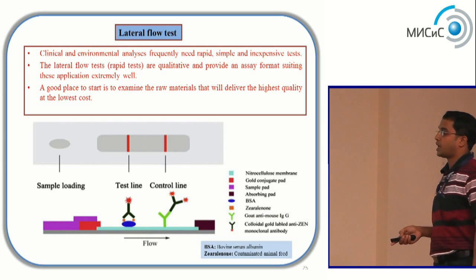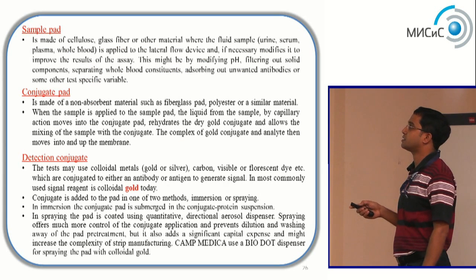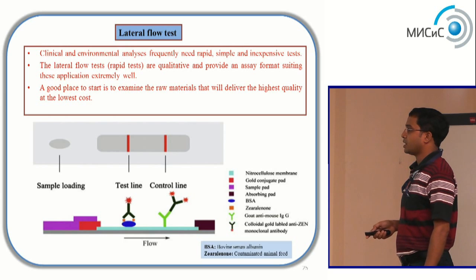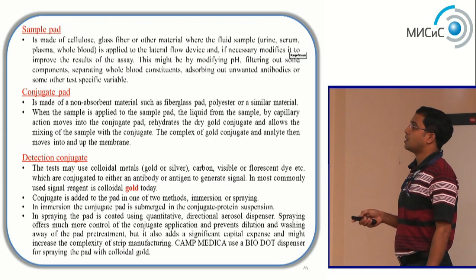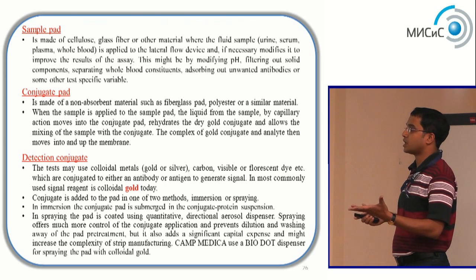I think so. And it contains some parts like the sample pad, made by cellulose. The conjugate pad, as I mentioned, the first one is the sample pad, and also the gold one. The conjugate pad is made by any kind of polyester.